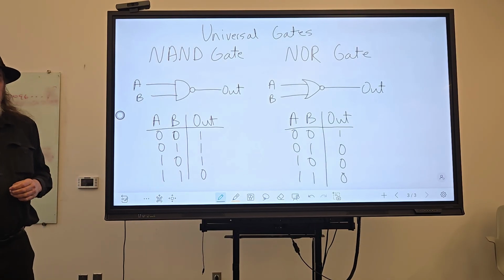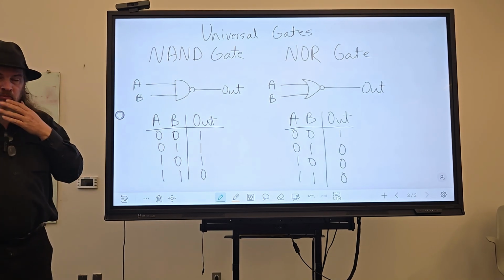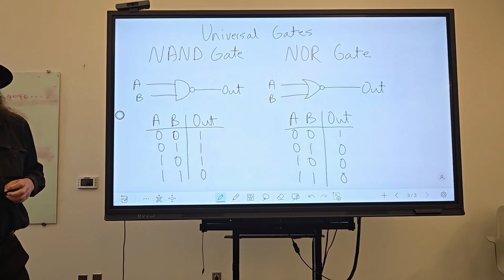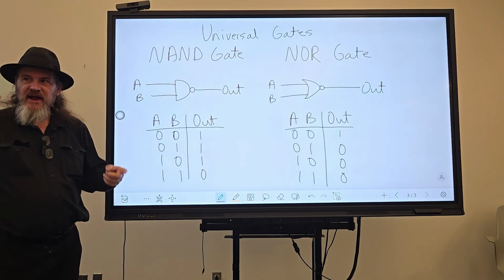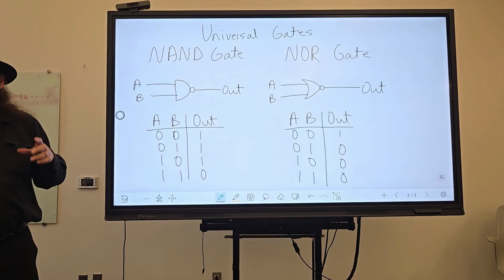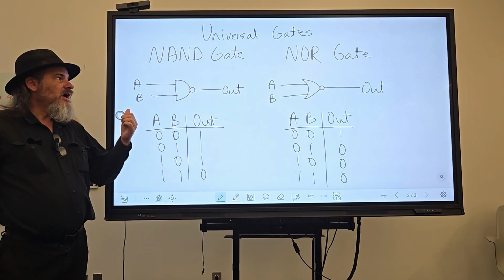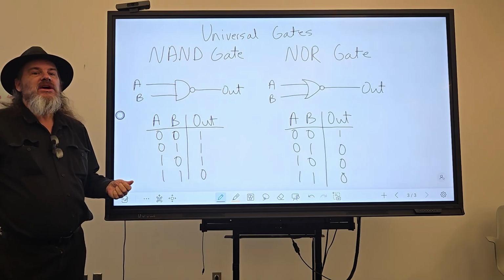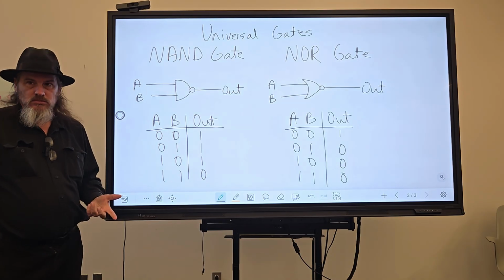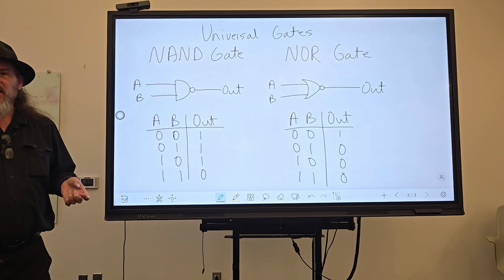Sometimes it's more efficient to use NAND and NOR gates because they use fewer transistors than AND and OR internally. So if you can implement a circuit using NAND and NOR gates, you can use fewer transistors and less space on a chip.